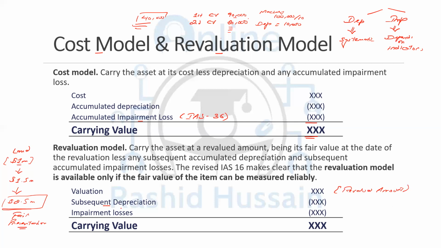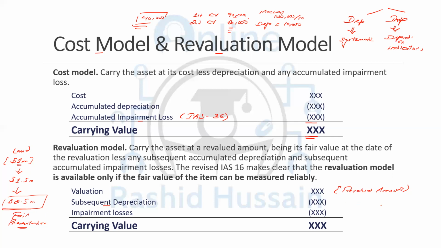Now, this is again a very important concept: why are we calling it the subsequent depreciation? Remember this point. You have studied this in your earlier accounting as well, but if you forgot it, no problem, I'm going to revise it. We're calling it a subsequent depreciation because whenever we do the revaluation, the previous depreciation is de-recognized.